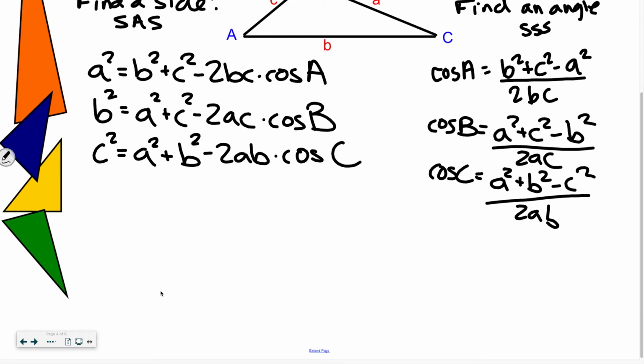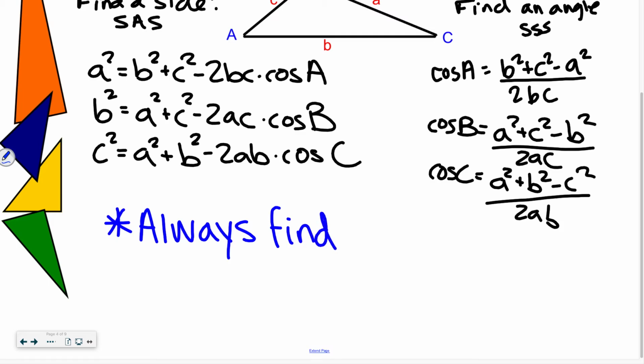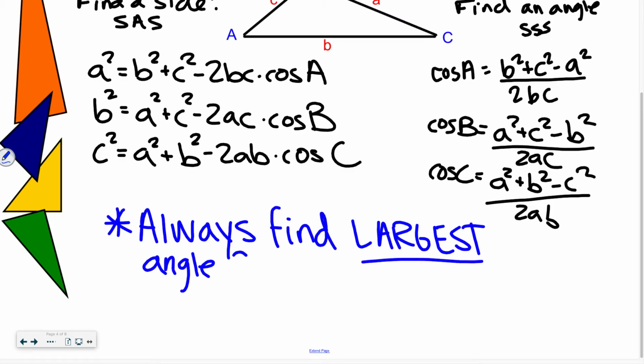Okay, I want to go back to my formula page because I forgot to mention one really important thing that you should write down. Word of warning. If you are using the law of cosines and you only know 1 or 0 angles, always make sure you have found the largest angle before you move to a law of sines.